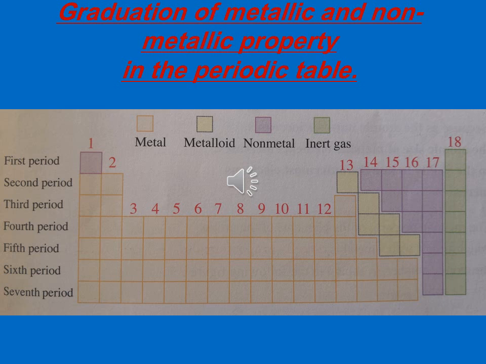Each period starts with metals and ends with noble gases. So in the same period, first we have metals, then metalloids, then non-metals, then inert gases.